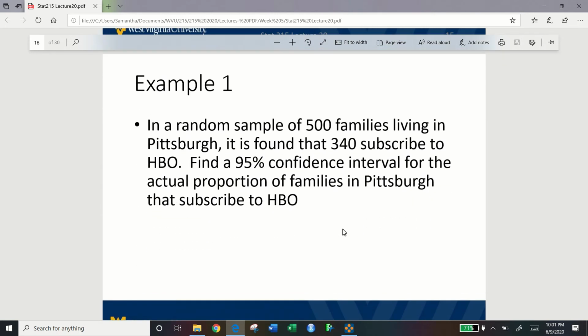At this point, let's go ahead and take a look at an example. In a random sample of 500 families living in Pittsburgh, it is found that 340 subscribe to HBO. We want to find a 95% confidence interval for the actual proportion of families in Pittsburgh that subscribe to HBO.